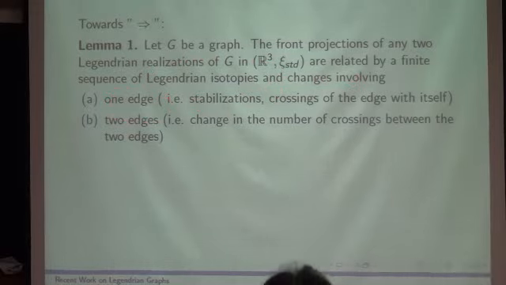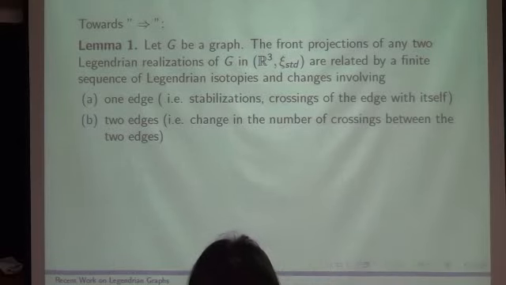So this is not staying in the same Legendrian class. We're imagining we just have two different Legendrian embeddings of a graph, and we're saying that I can get from one to the other by, of course, Legendrian isotopies.